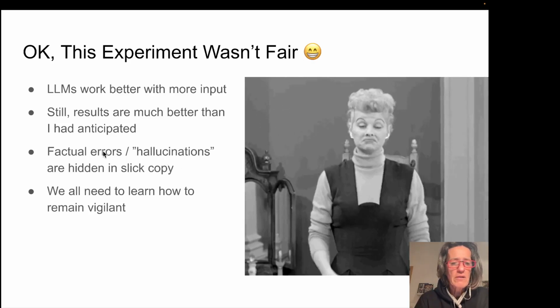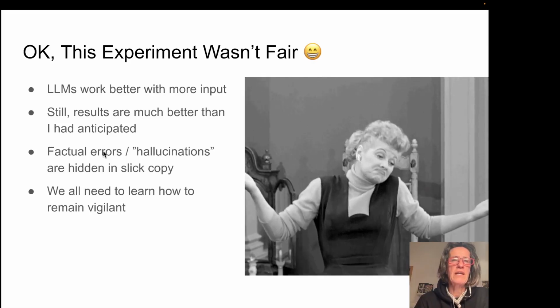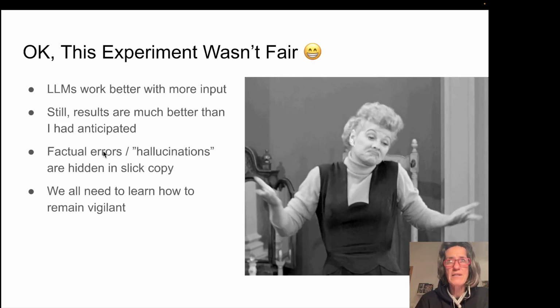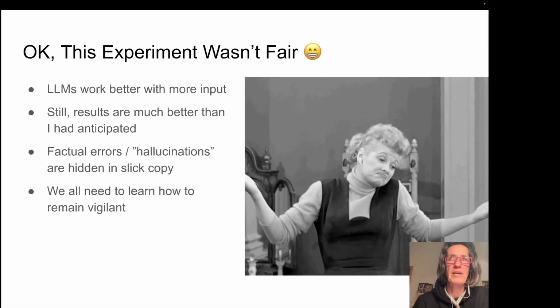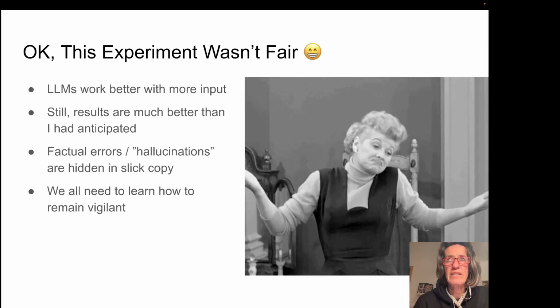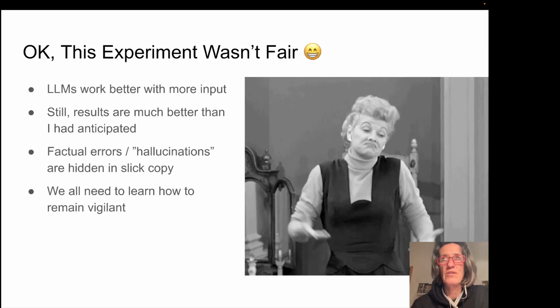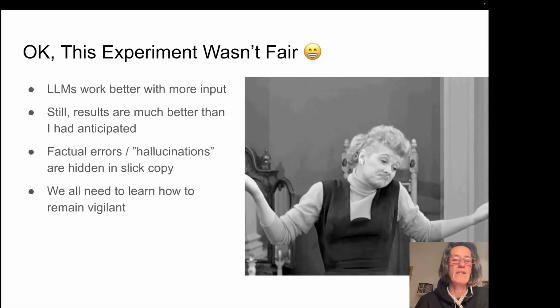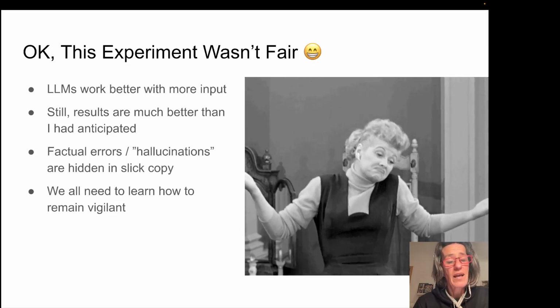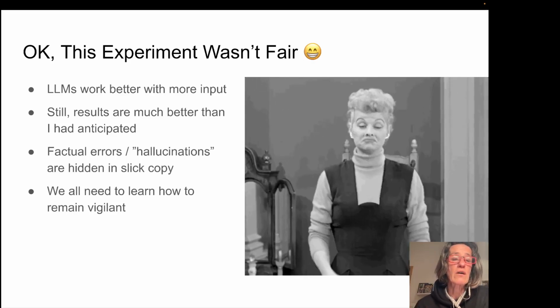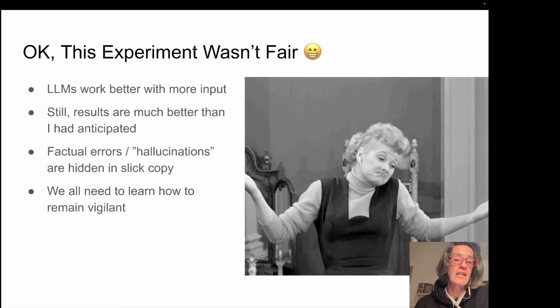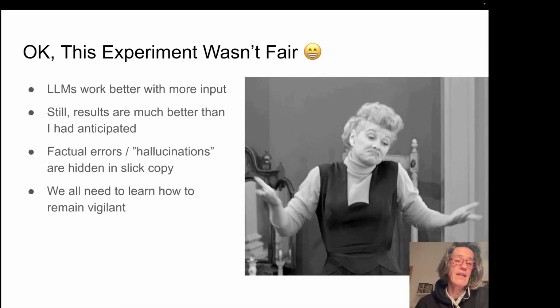These factual errors, people call them hallucinations. I was aware that hallucinations exist when I started this experiment, but I always thought, oh well, sure, I'll pick them out. Once it tells me that Stellenbosch is a beer producing town, I will know it's a hallucination.